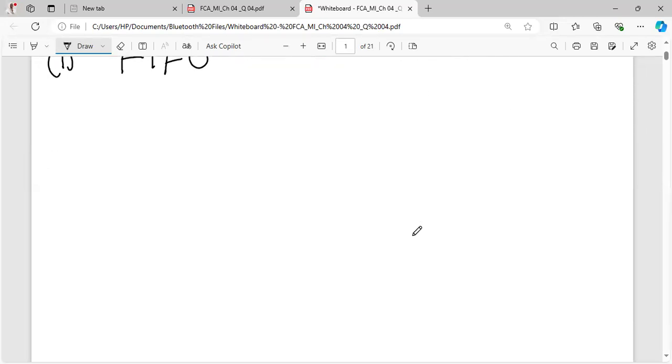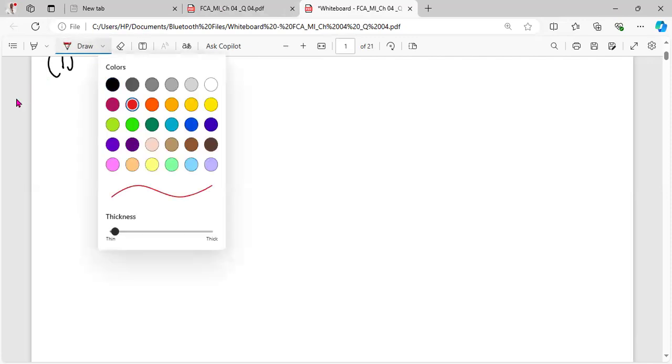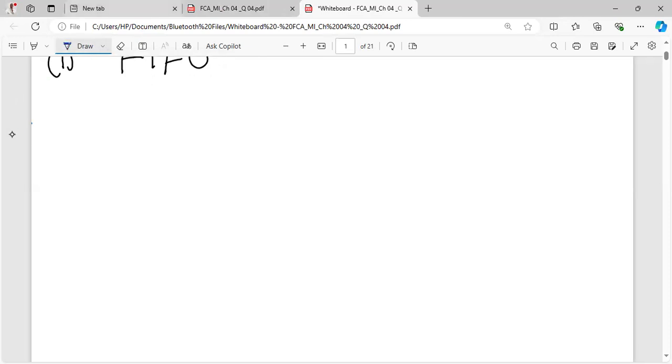So the first thing we will do in FIFO is to set a table. How do we set this table? Now let's set it. This is going to be where we'll write our dates. I want to make it down a bit.